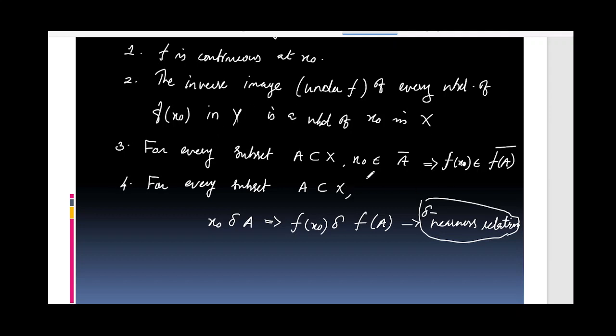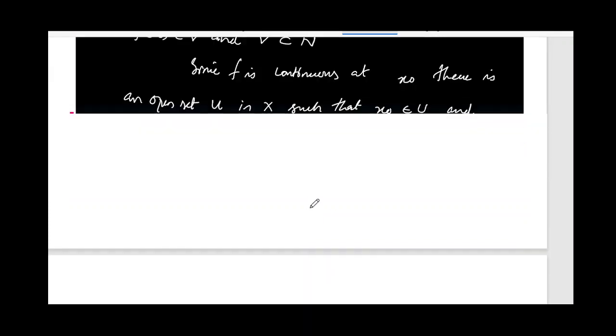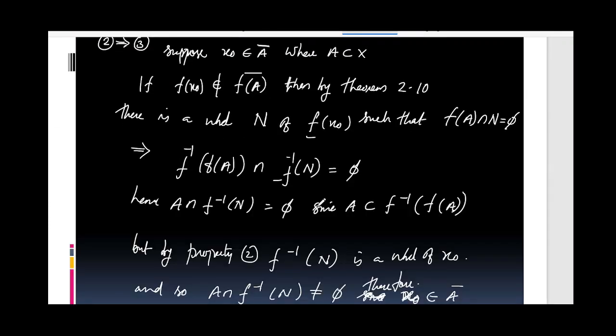Assuming this, what we want to prove? x naught is near to A. So when you are assuming this, it means exactly x naught is near to A. What we want to prove is f of x naught is near to f of A. That's the meaning of this, right? So this part is very immediate. So 3 implies 4. This is immediate.